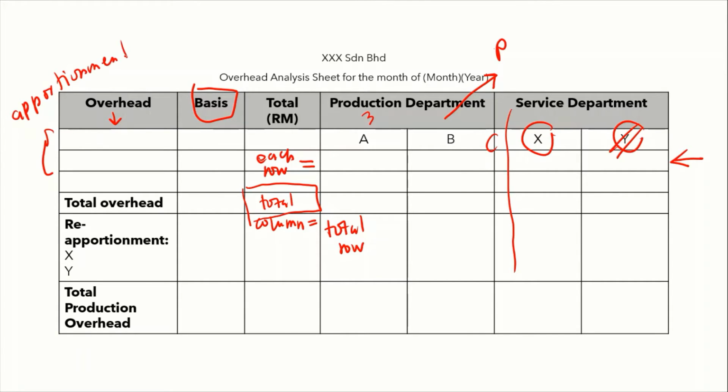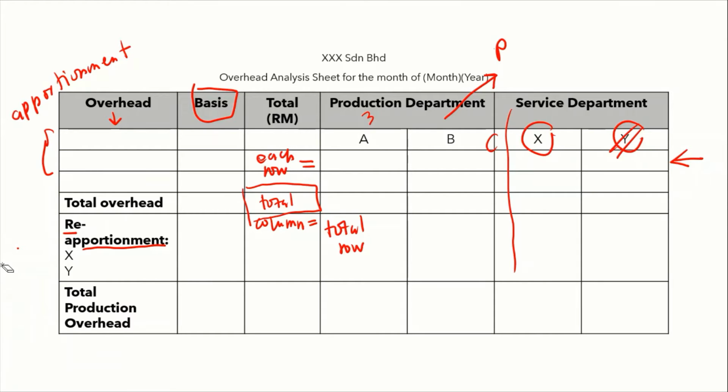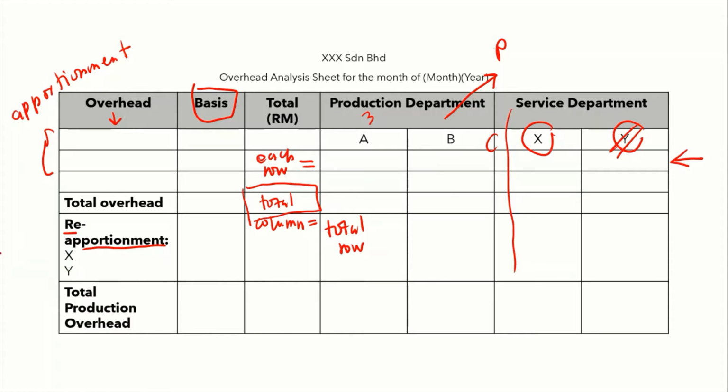After you finish your apportionment process, you will have the reapportionment process, which is transferring the service department cost to the production cost.